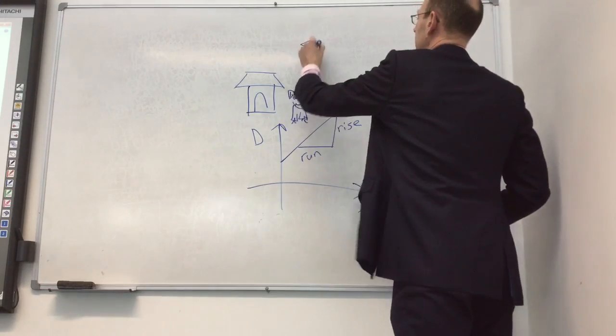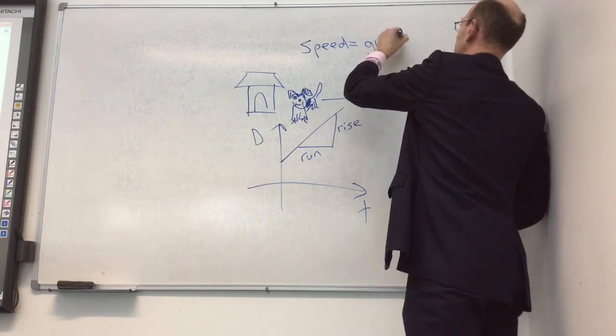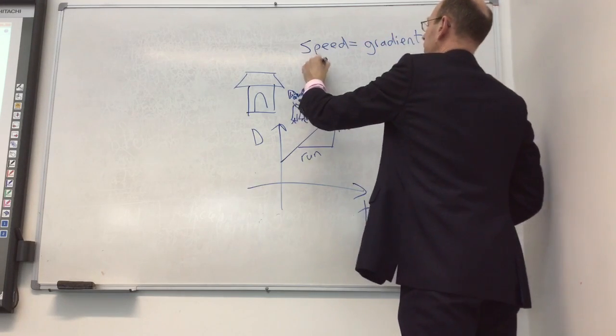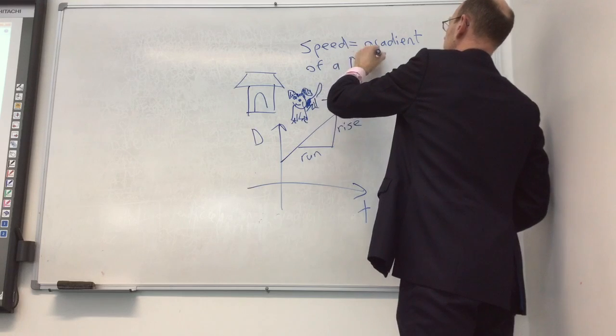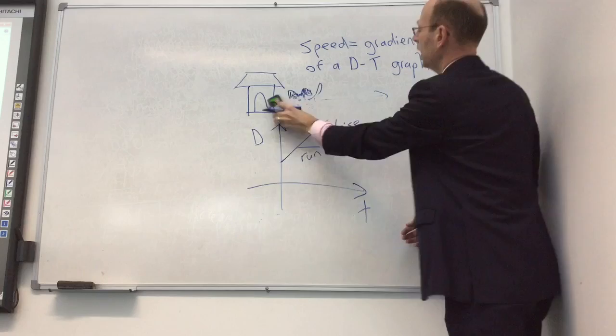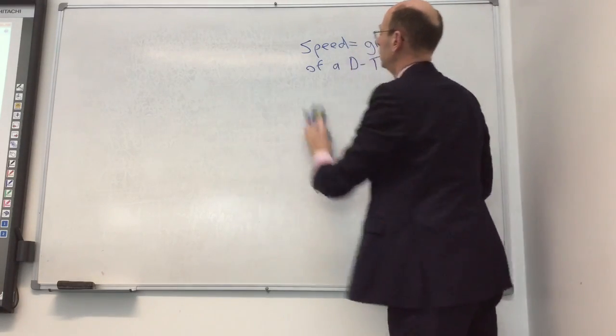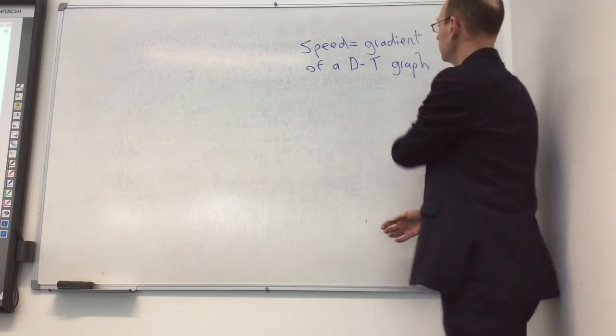So speed is the gradient of a distance time graph. Okay, to get the speed from a graph of distance time, just measure the gradient.